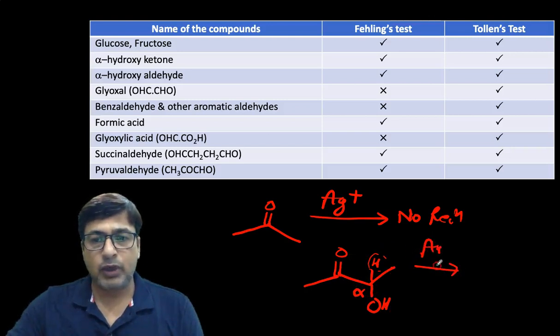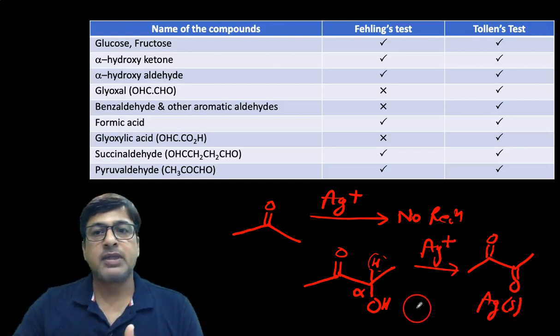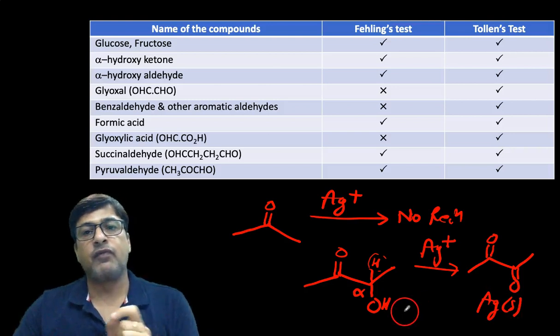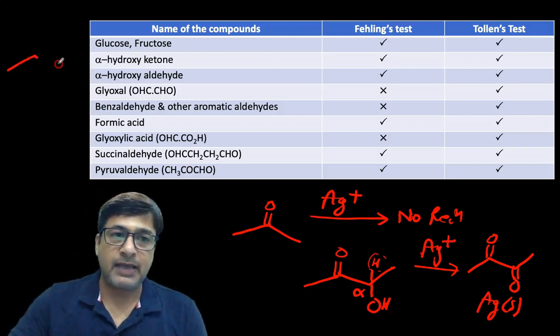When you treat this molecule with Ag plus, what happens? This ketonic group remains as it is, and this alcoholic group is converted to a ketonic group because of this Ag solid formation, and it gives a positive silver mirror test and a positive Fehling's test both. That means if I give a question that it consists of a ketone, Tollens test is negative, Fehling's test is negative.